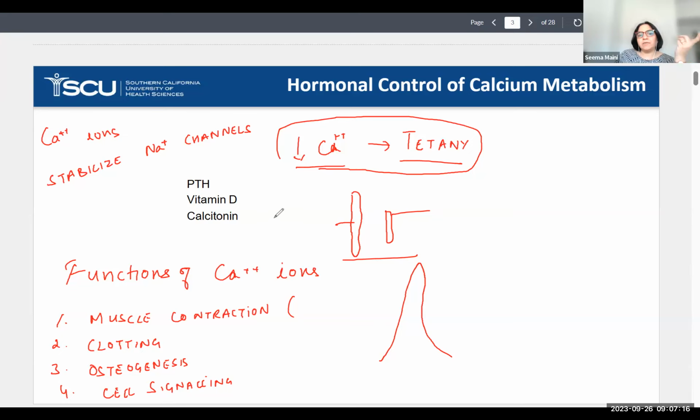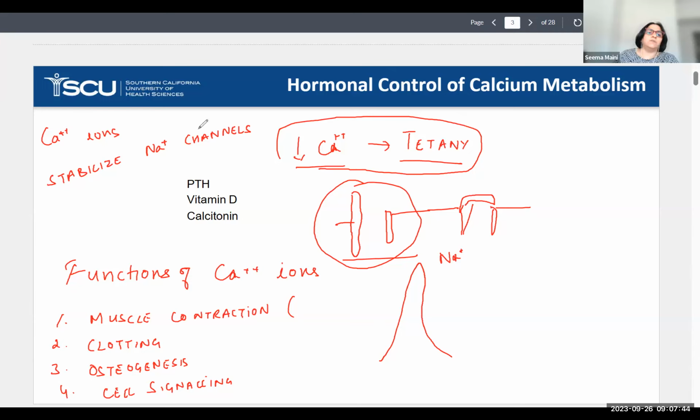The mechanism is still poorly understood, but it is well understood that calcium ions regulate the activity of sodium channels. They stabilize them, and some schools say they have a role in the closure of these sodium gates. These are voltage-gated channels and they have inactivation gates.